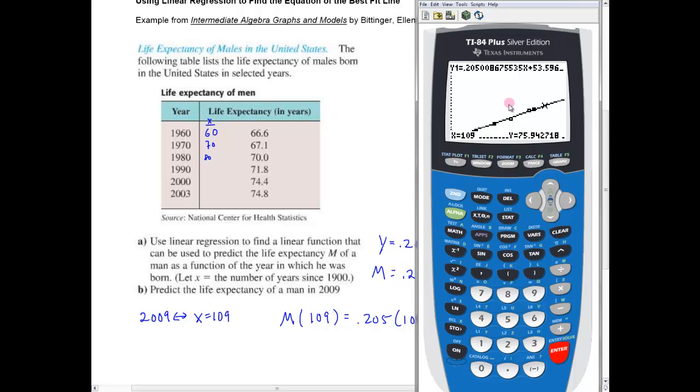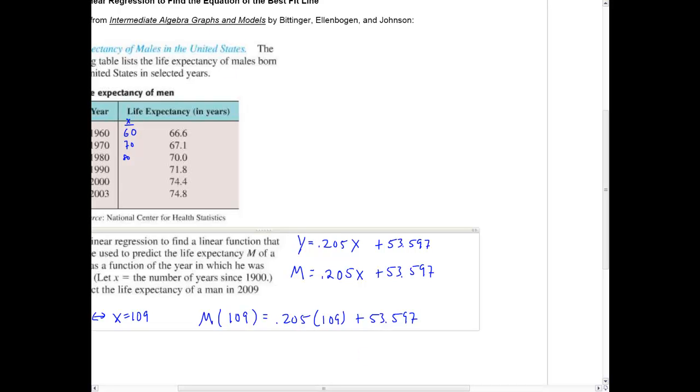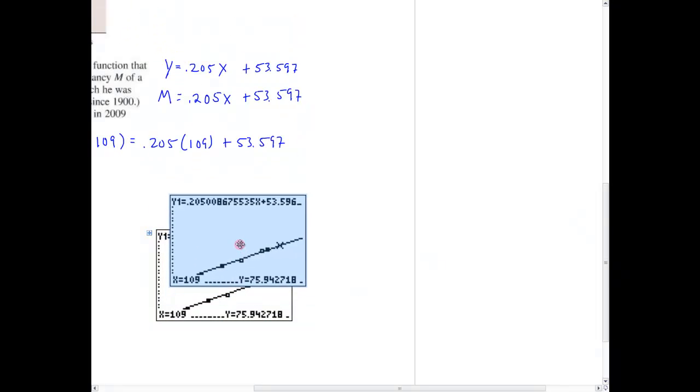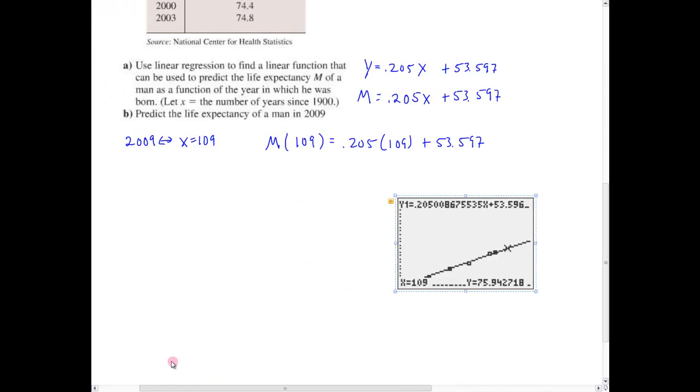We'll round it to the nearest tenth. So roughly that's going to end up being about 75.9 years.